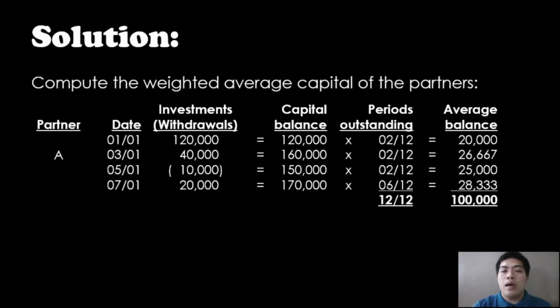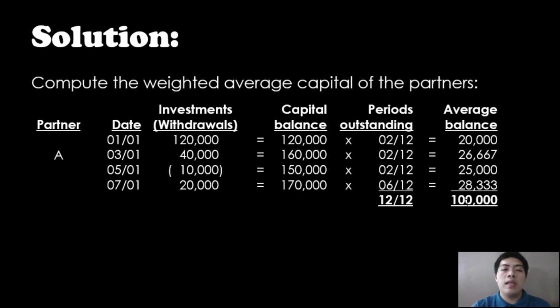Then, 6 over 12 siya kasi wala namang kasunod na transaction. So, starting from July 1 to December 31, 6 months yan. So, 6 over 12, we have 28,333. Yung total niyan, we have the average capital balance for A na 100,000.